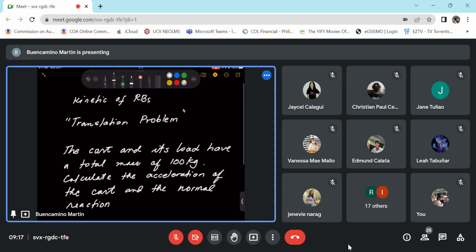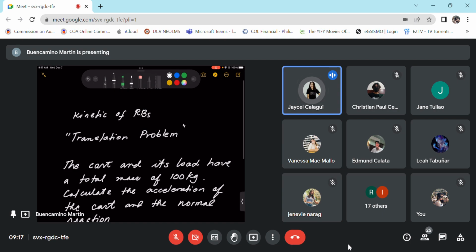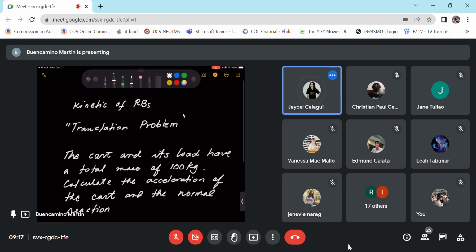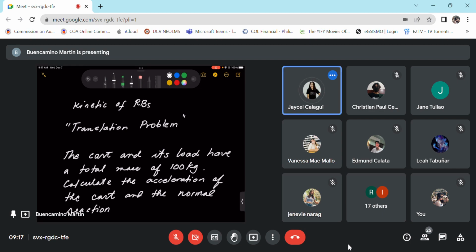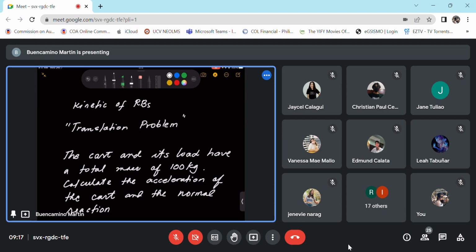Naririnig nyo pero mahina. Siguro it has something to do with the signal, medyo humihina talaga ang signal dito.